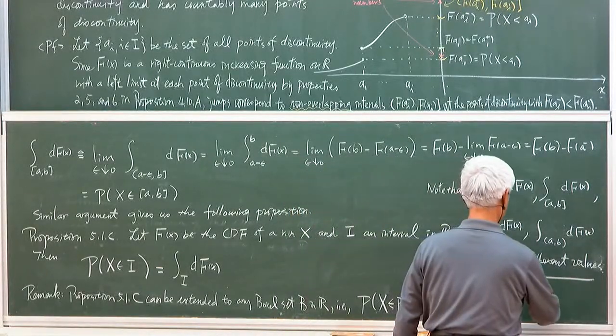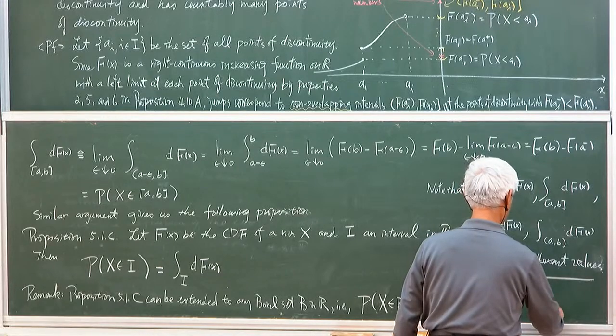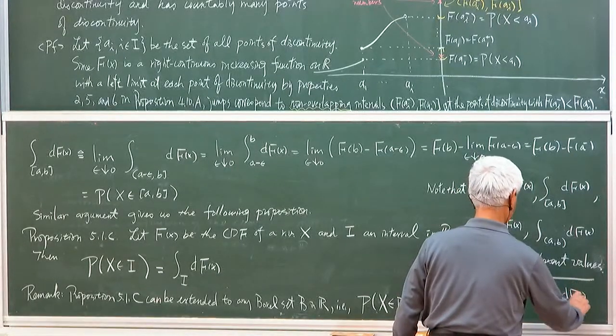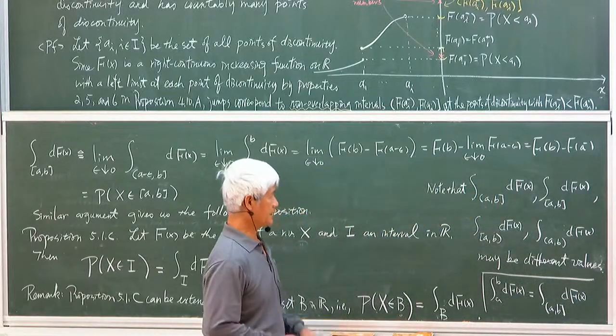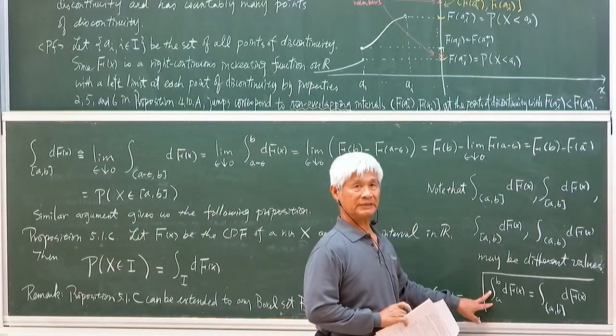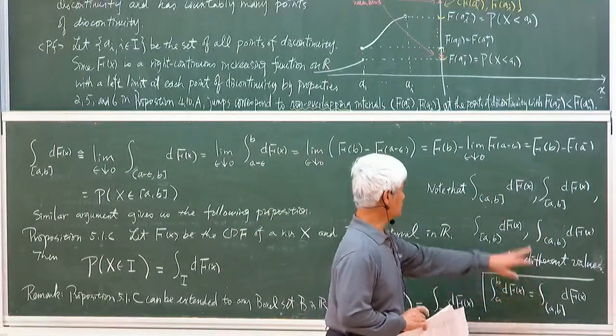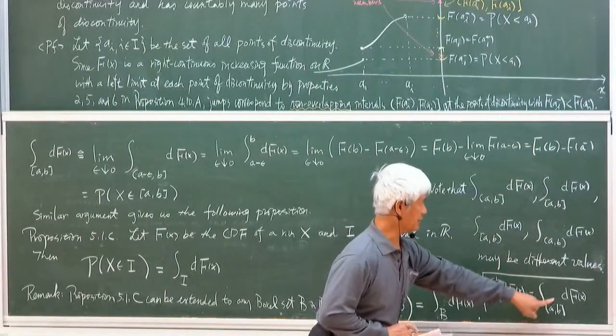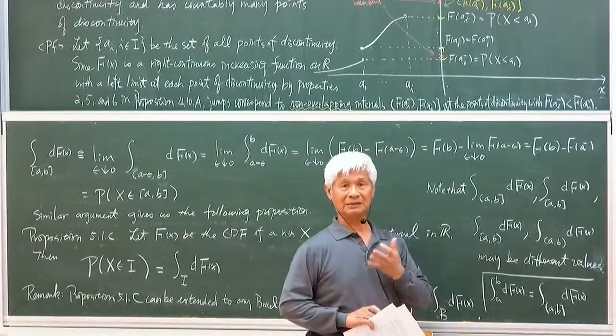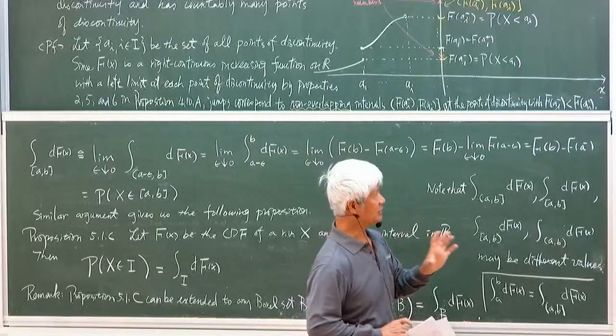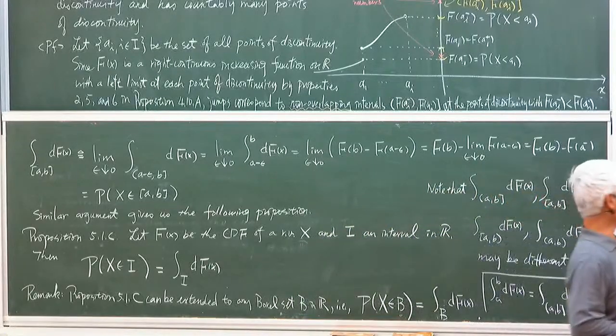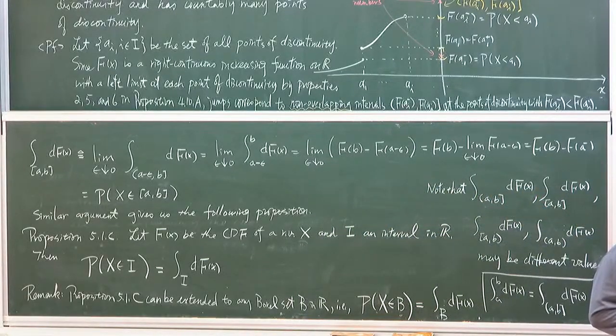So this conventional Riemann-Stieltjes integral is equal to one of them, which is specifically by our convention. And this convention is hinted from this proposition.